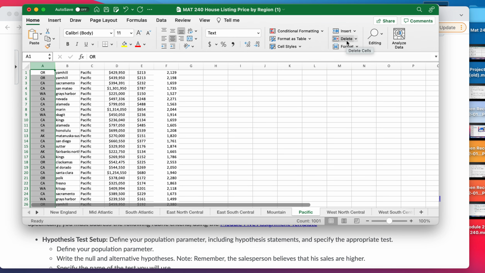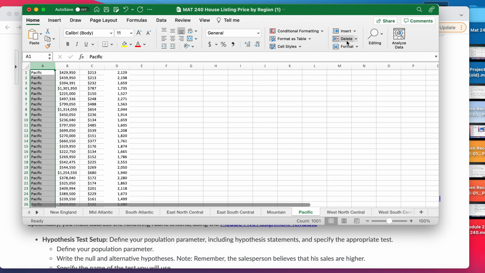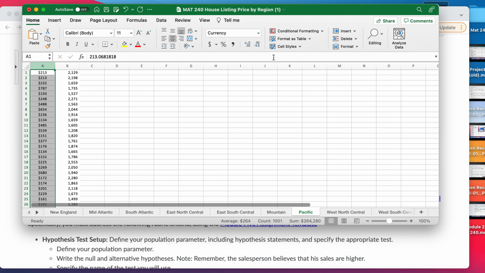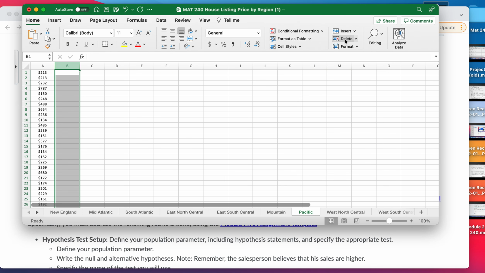We don't need our states, our counties. We know it's the Pacific region. Those are list prices. This is the cost per square foot. We're going to leave it. We're going to go to column B, and we're going to delete that. That's the square feet. Okay, we want these numbers right here, the cost per square foot.